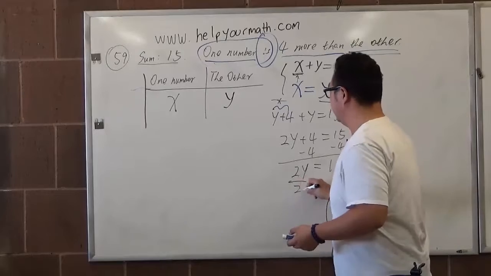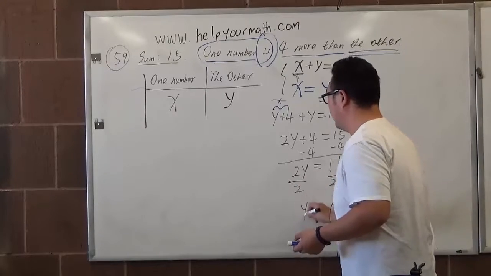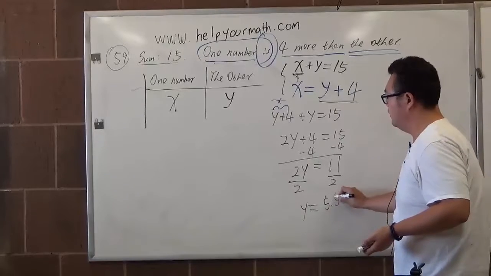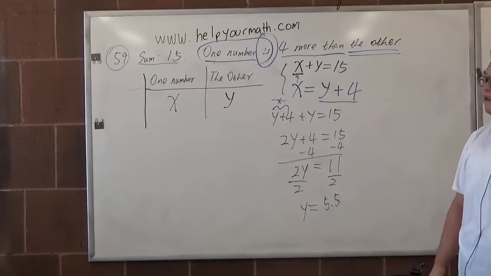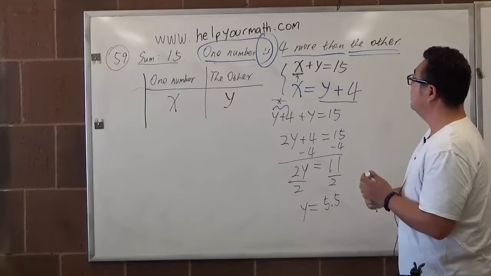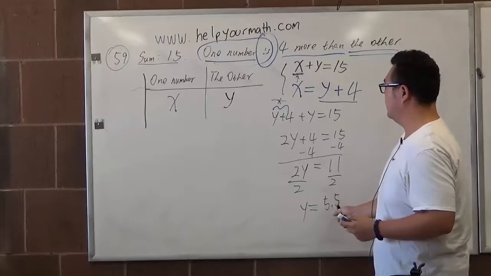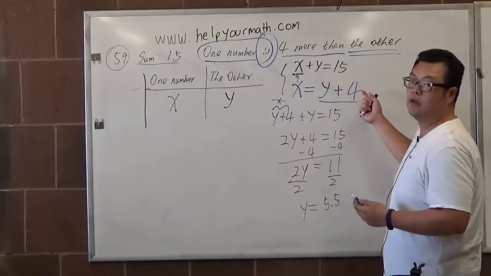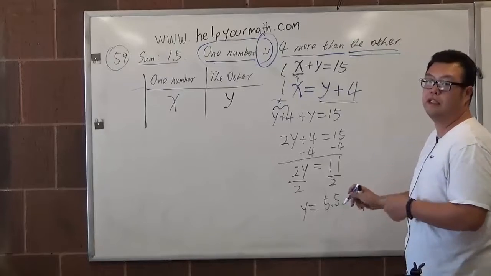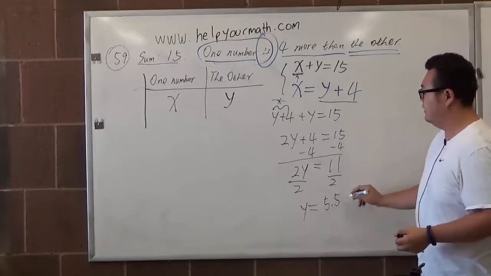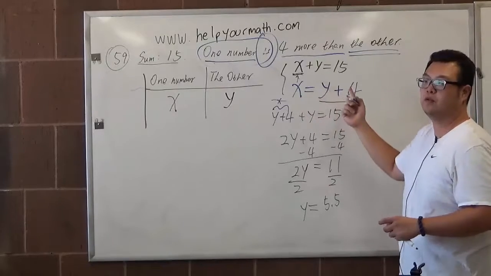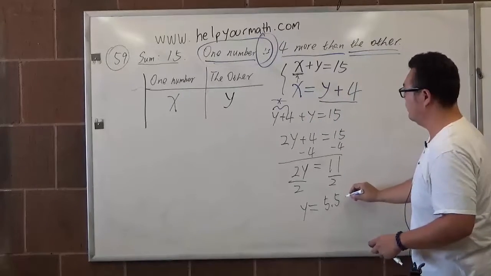By dividing by 2, we get the value of y: half of 11 is 5.5. Then we could use either equation to substitute back, but the second one will be easier, since that is the equation telling us what x will be in terms of y.